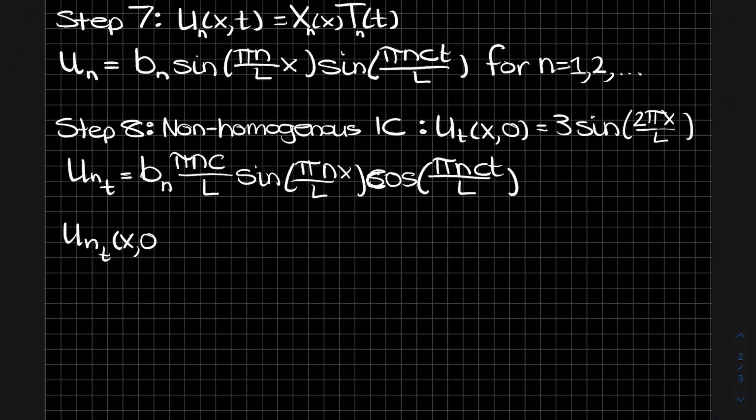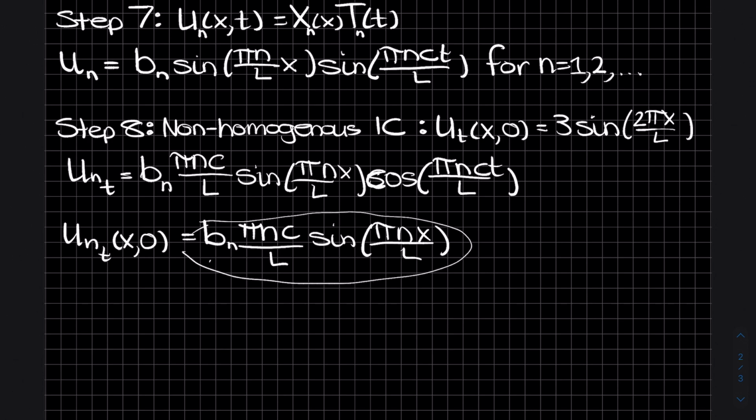So at t equals 0, the cosine is just going to go to 1, so we're just going to end up with pi n c over L sine pi n x over L. Right, so what we need to do now is set this here equal to this, because of this and this, they're the same.